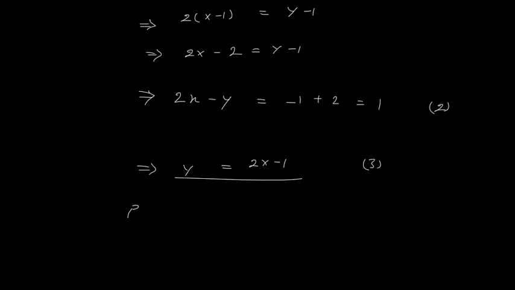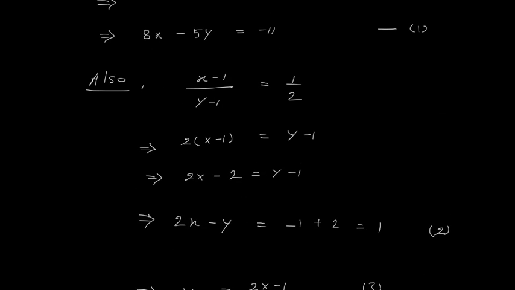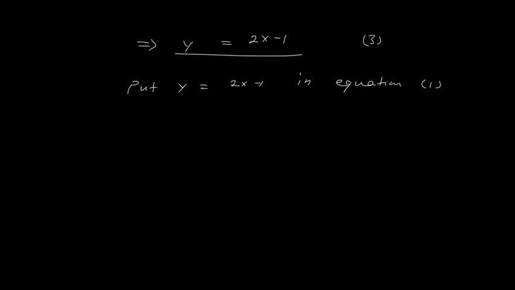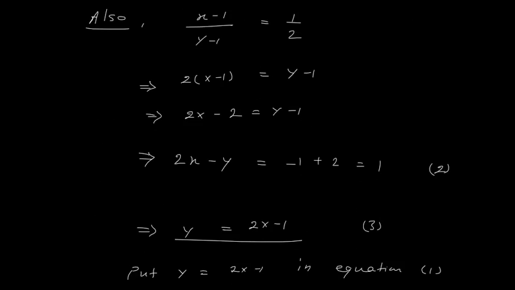Put y equal to 2x minus 1 in equation 1. So my first equation is 8x minus 5y equal to minus 11. 8x minus 5 times y, which is 2x minus 1, is equal to minus 11.